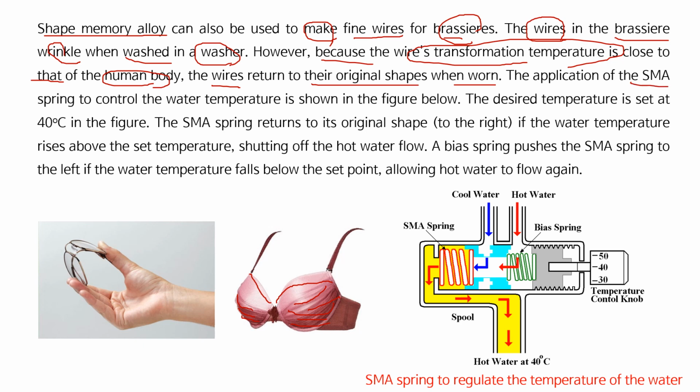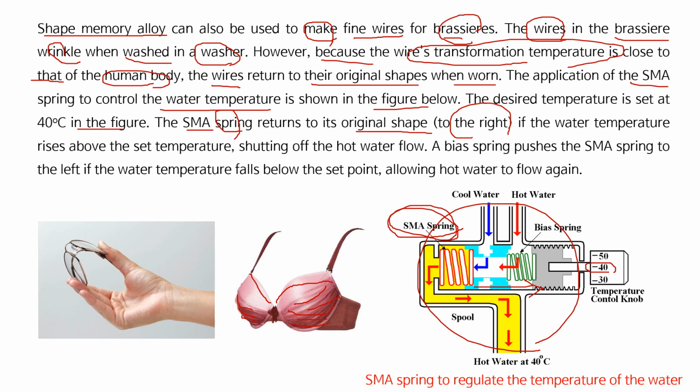The application of the shape memory alloy spring to control the water temperature is shown in the figure below. The desired temperature is set at 40 degrees in the figure. So the spring is set to 40 degrees. The shape memory alloy spring returns to the original shape to the right to shut off the hot water flow if the temperature rises above the set temperature.